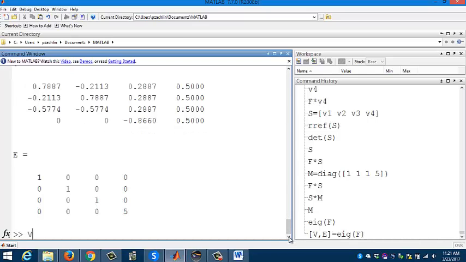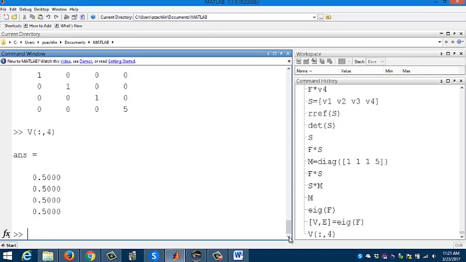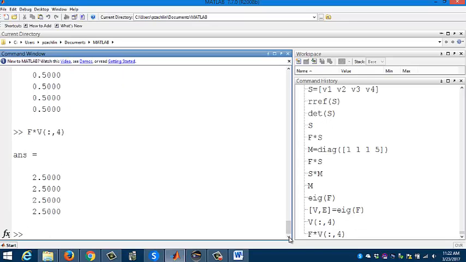So I can type, let's look at matrix V. Let's look at just, I don't care which row, so I'll put colon, comma, 4. That means I don't care which row, but I want column 4. That's the one you're talking about, right? And if I do F times that, well, you could see it's an eigenvector, right?